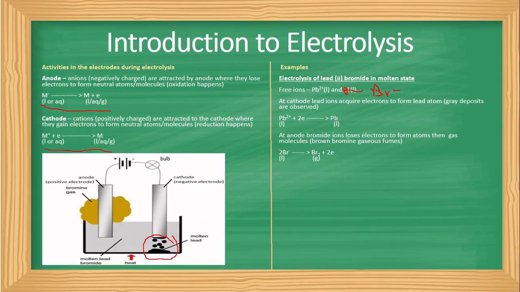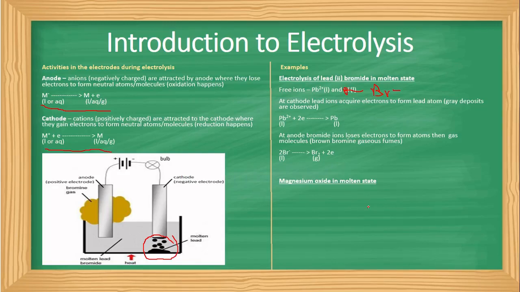So, to balance the equation, you have a 2 there, and of course, because there are 2 here, two electrons are being lost. Remember, we said you can't write 2 bromine minus 2e to form bromine gas, so there is no minus on this left side of the equation. So you take the electrons to the other side and you write plus 2e. So basically that's what happens in the electrolysis of lead II bromide.